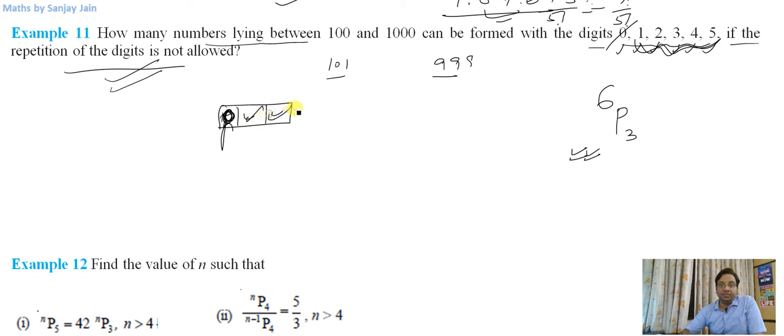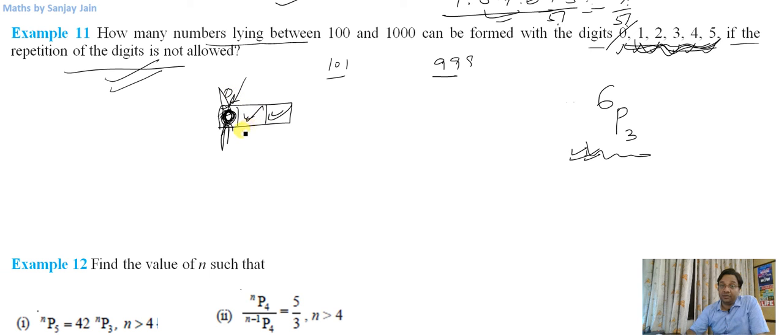in these two places, how many will be these? I have fixed 0 here. Okay, so what I'm doing is I've counted the numbers with 0 at this place when I say 6P3, right? Because I can take any 3 digits and arrange them, so 0 will also be taken and put here. Now what is the problem with 0 at this place?